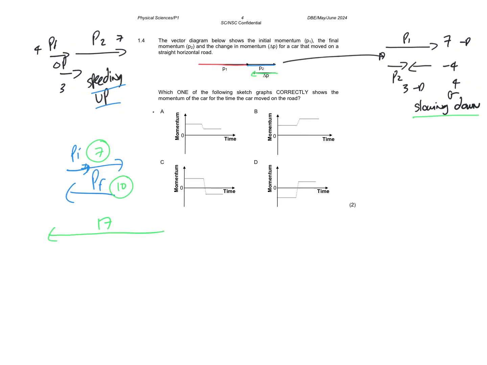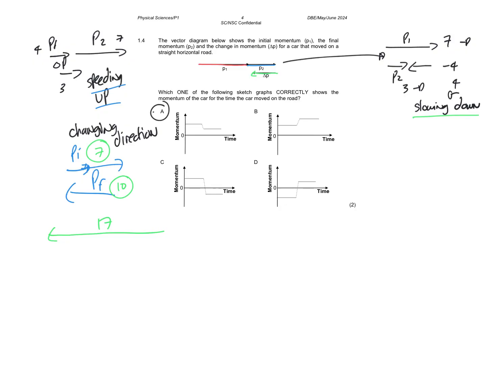This situation over here is changing direction. You hit into a wall or something. So that's like you hit a tennis ball into a wall, or you hit a cricket ball into a cricket bat, and it changes direction. Okay, so then sorry, I haven't answered it. That is number 1.4, the momentum.